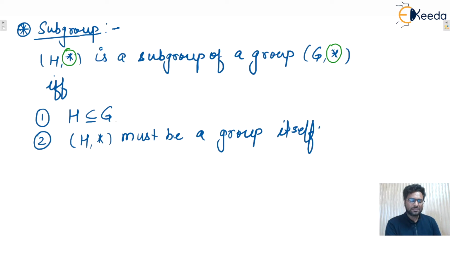That means H must satisfy the properties of a group: closure, associativity, identity element, and inverse. All properties must be satisfied. Then we can say that H comma star will be a subgroup of the group G comma star, isn't it?